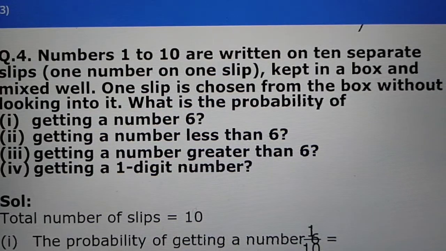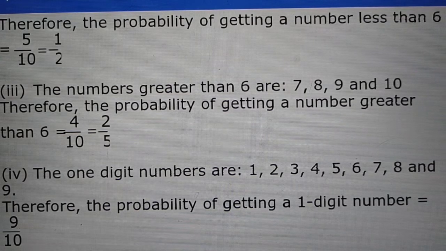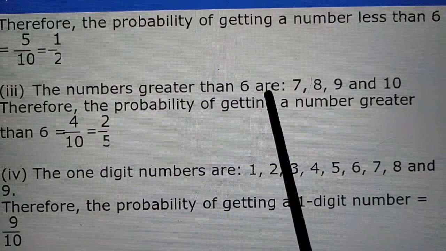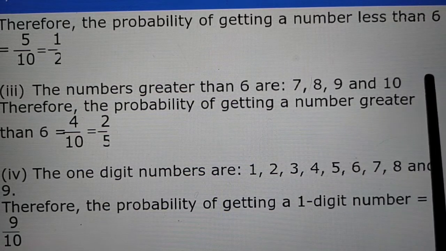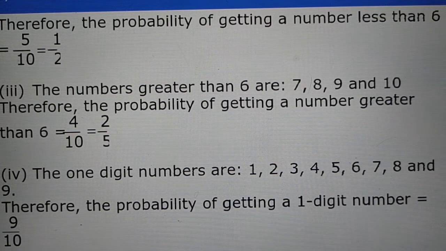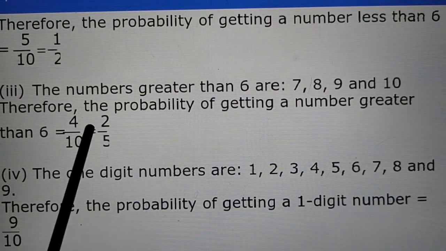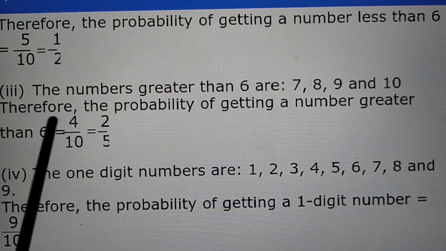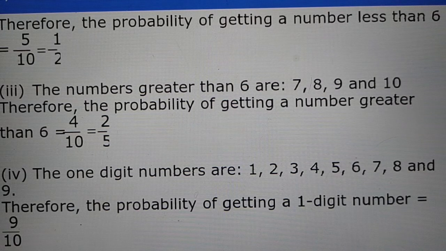So students, how can we write the answers? For the third, the numbers greater than 6 are 7, 8, 9, 10. As I told you, how many favorable events? 4. And how many total events? 10. So the probability of a number greater than 6 is 4 by 10. It is not important to change into the minimum fractions.